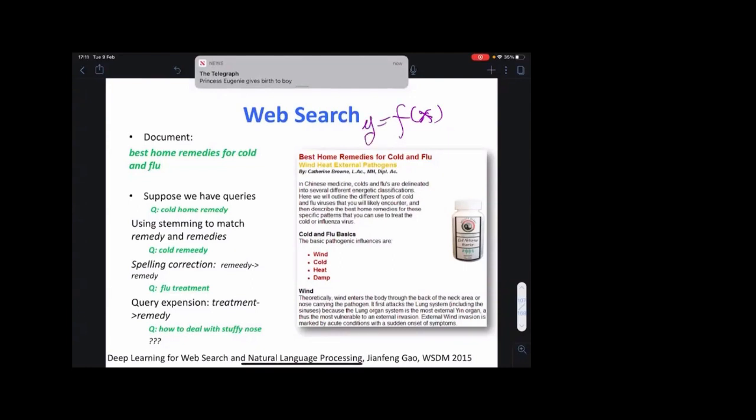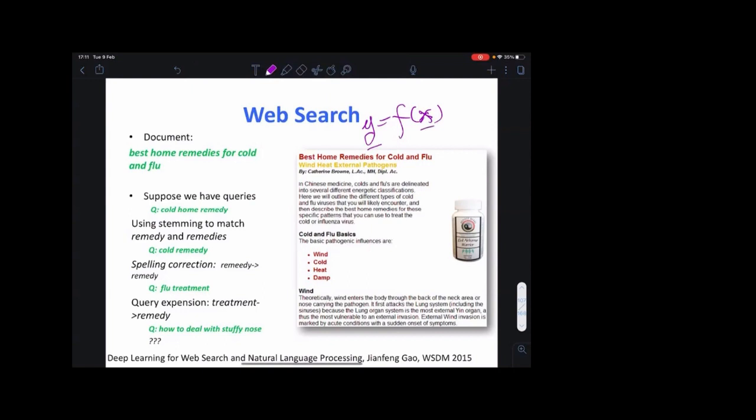In the question answering case, X would be the text about a certain question and Y could be the answer.